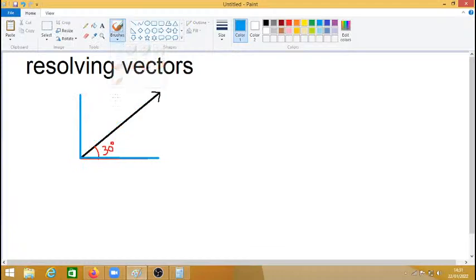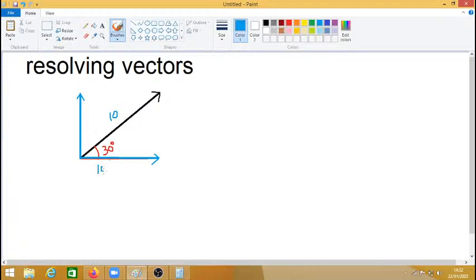Let's put some numbers on it. Let's say the original vector was 10. Then if we want to work out the horizontal or the vertical component, you just have to look at the angle and ask, is it adjacent to the vector? The horizontal component is right next to the angle, so that is adjacent, then we're going to use cos.